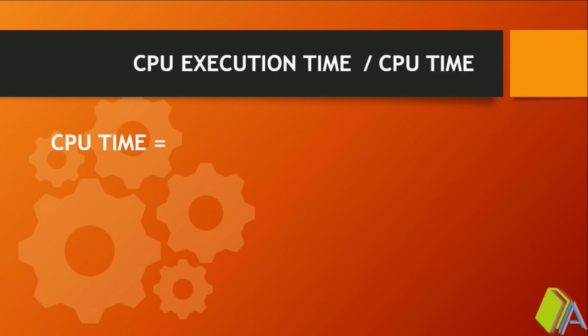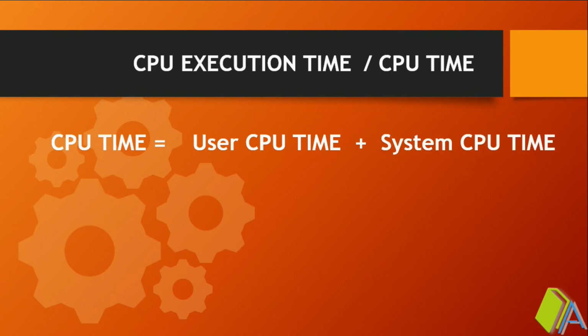CPU execution time is also known as CPU time. CPU time is the time taken by the CPU to complete or process the task, that is the user CPU time, plus the background work: the memory access, input output activities, disk access and operating system overhead, all of which come under system CPU time.